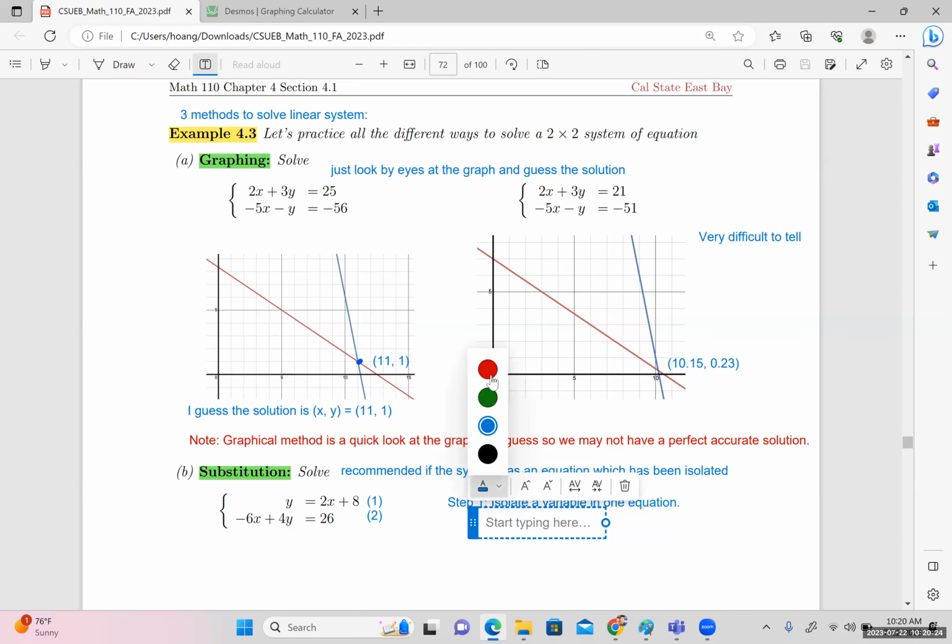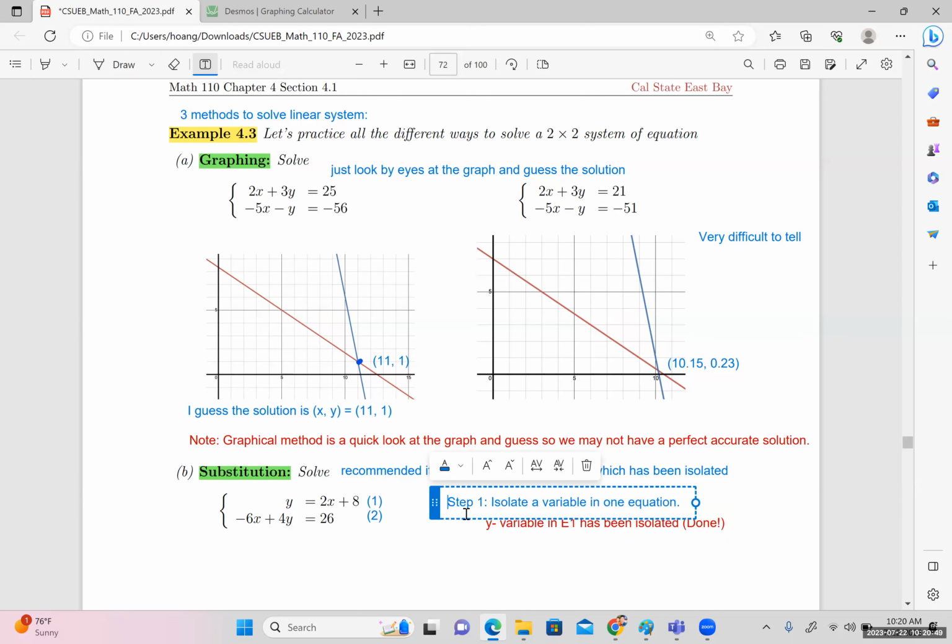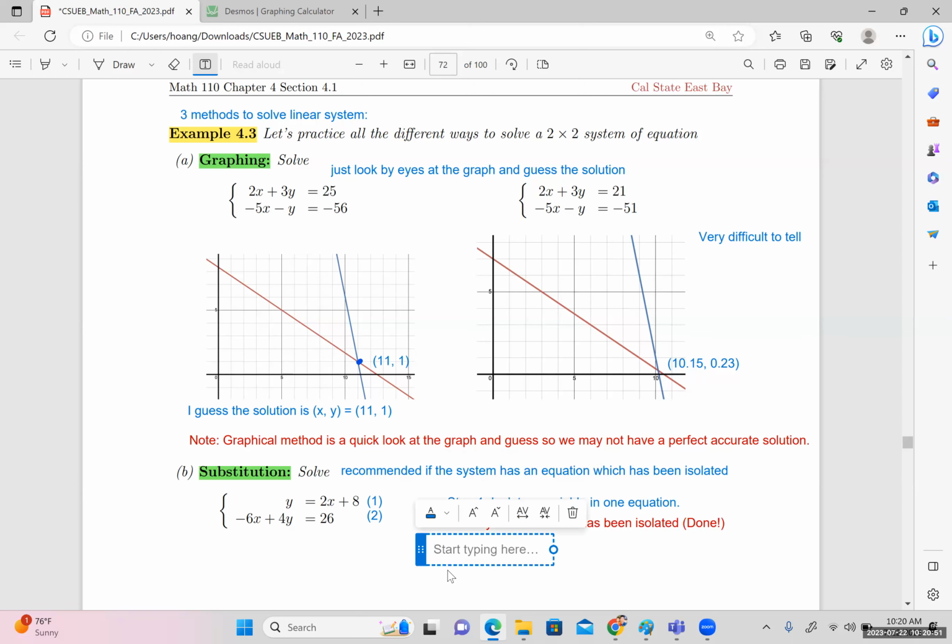So equation 1 has the y variable isolated. So we're done, we've done this step. Then we're going to move to step 2.